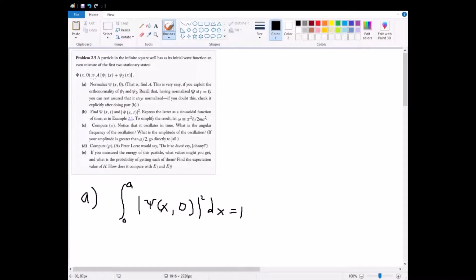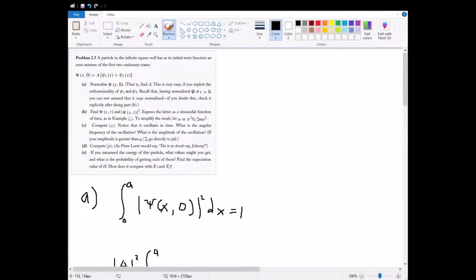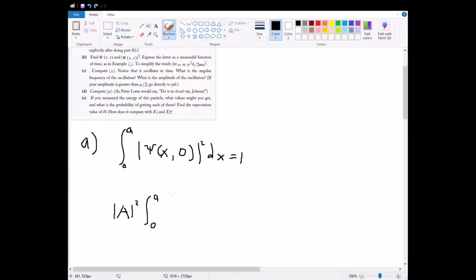So first off, obviously, we take the A term and move it out of the integral. So the magnitude of A squared times the integral from 0 to a. And then from here, we're going to write this out in full. Remember that the magnitude squared of psi, since psi can be complex, is going to be the complex conjugate of psi multiplied by psi itself. So the complex conjugate of psi 1 plus psi 2 is just going to be psi 1 star plus psi 2 star.